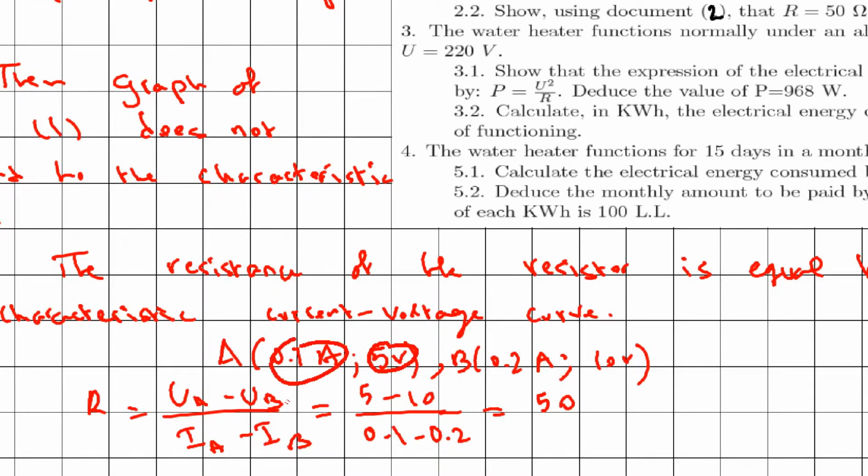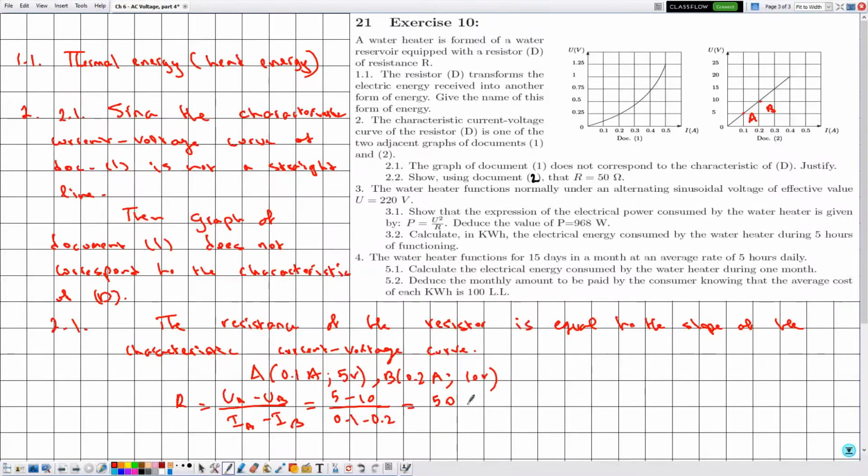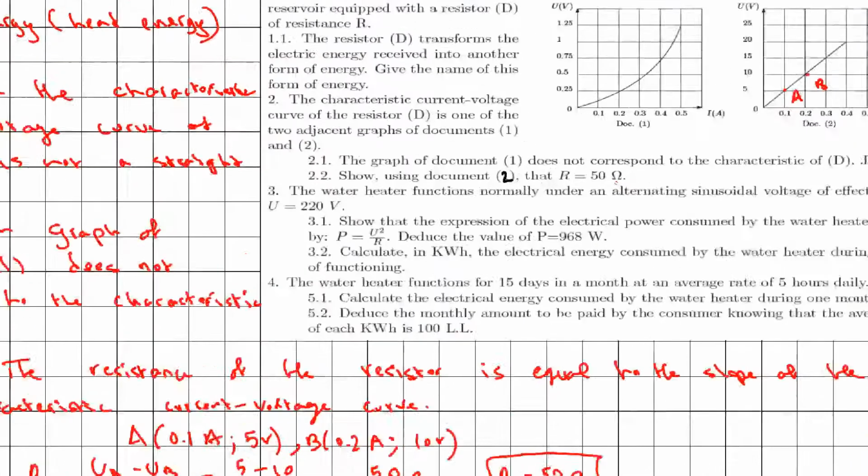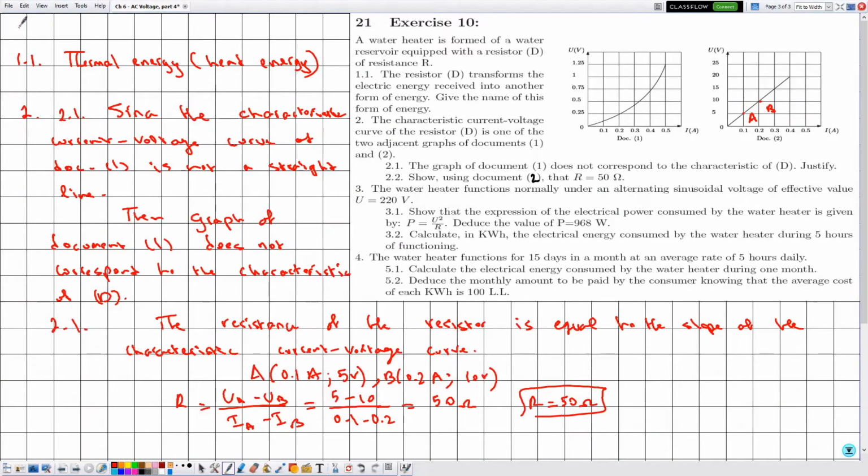This is the current because it carries the unit ampere. So I have replaced them here. Since everything is expressed in the SI, the value of R will be in the SI, which is ohms. So R is equal to 50 ohms. Then in this case, this is verified.